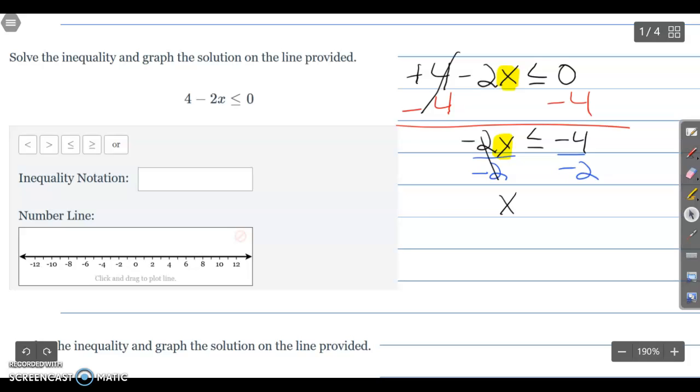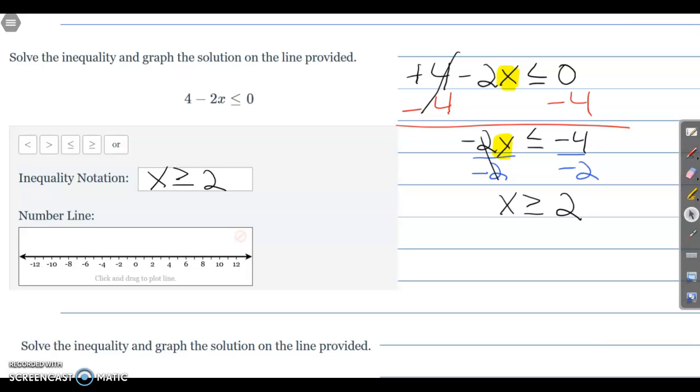Instead of being less than or equal to, it's greater than or equal to. You just got to remember to swap the inequality when you divide by a negative or multiply. And now I have a negative divided by a negative, which is positive, and 4 divided by 2 is 2. So now I have x is greater than or equal to 2.